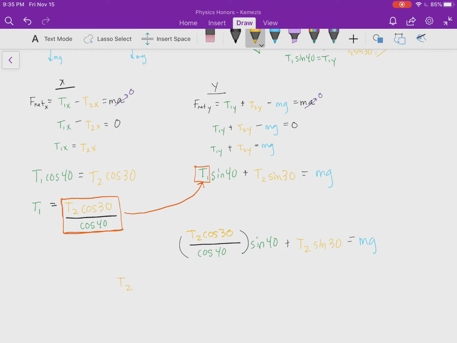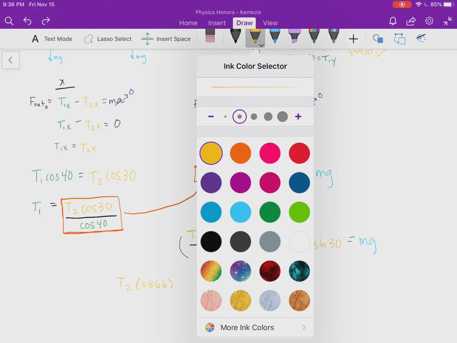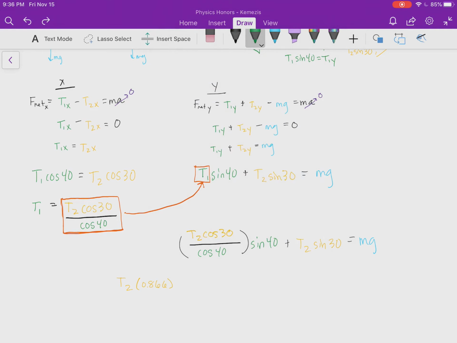The cosine of 30 is 0.866. I put this in parentheses up here to remind us that this is T1, but this is all multiplication, so you don't really need those parentheses. And we are going to divide by the cosine of 40.